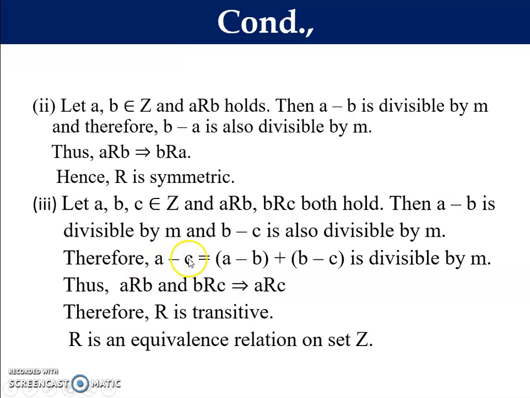How to calculate a minus c? It is a minus b plus b minus c. On solving, I get a minus c is divisible by m. Therefore, a related to b and b related to c implies a related to c. Therefore, R is transitive. Since it satisfies all three conditions, we say R is an equivalence relation on set Z.